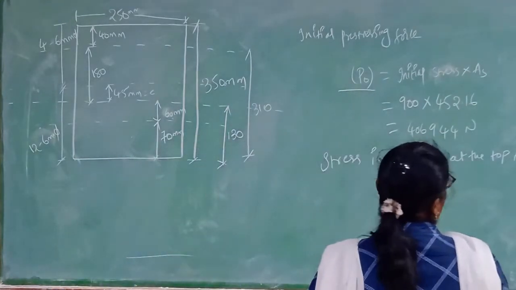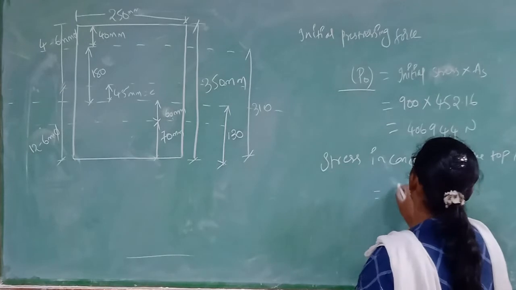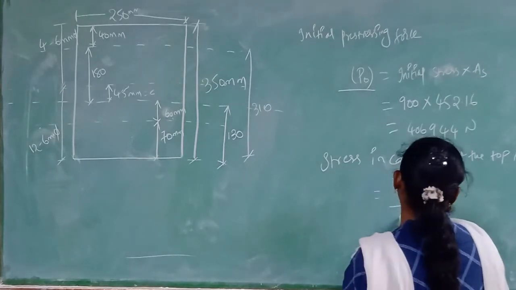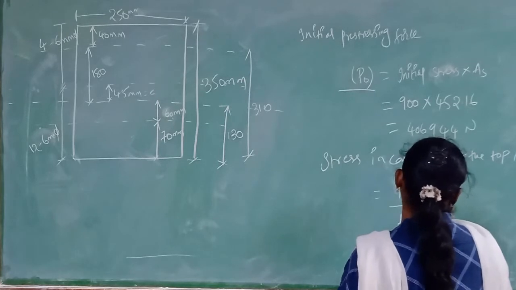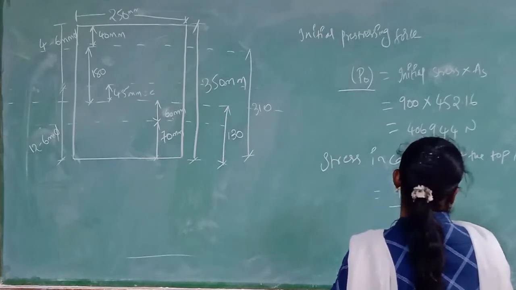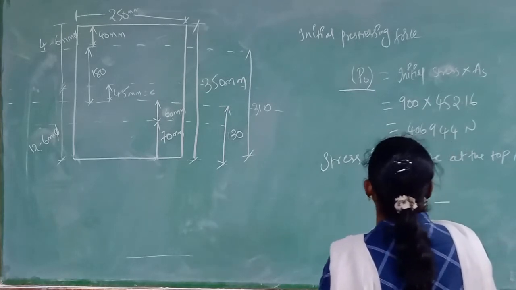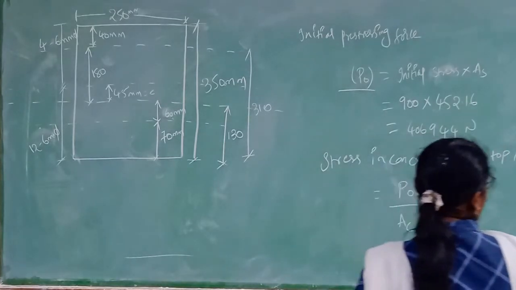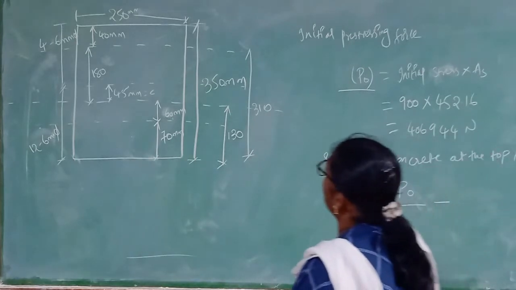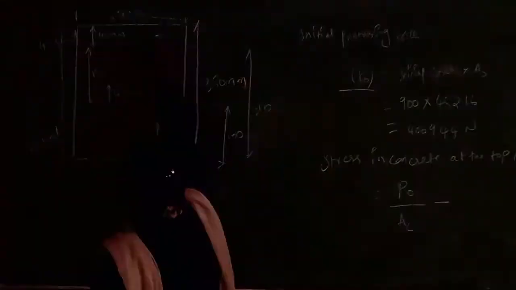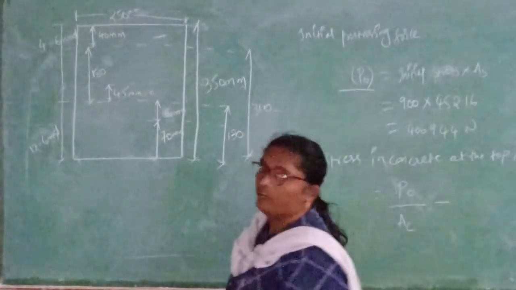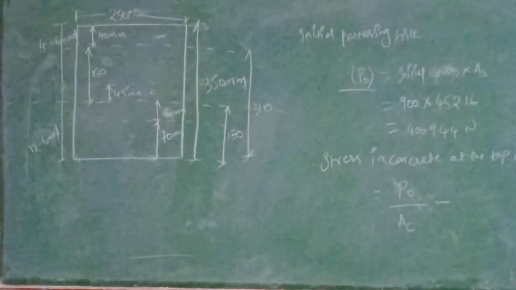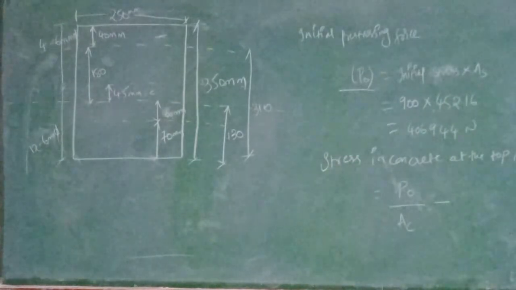So here at the top level wires, what you will be having? P naught by AC minus. Why am I taking the minus here? Because you are calculating at the top level wires.